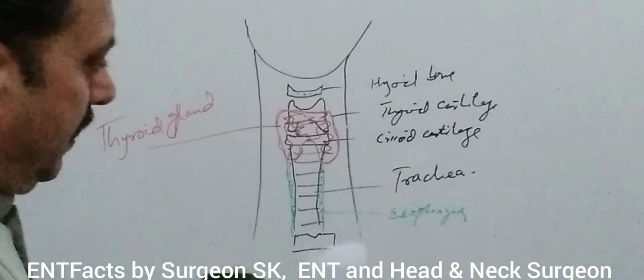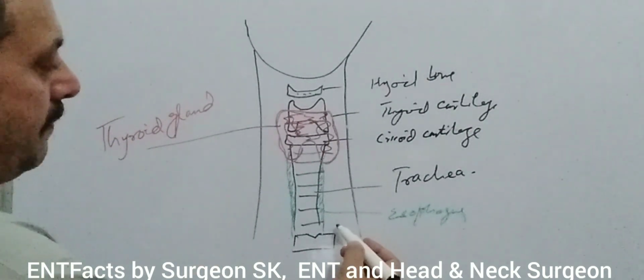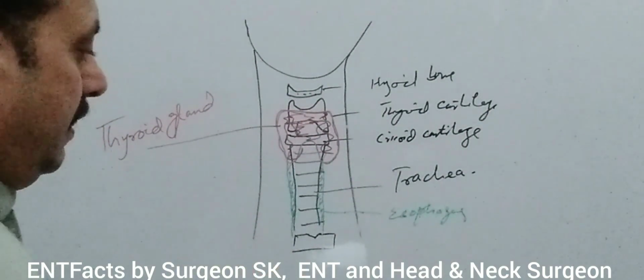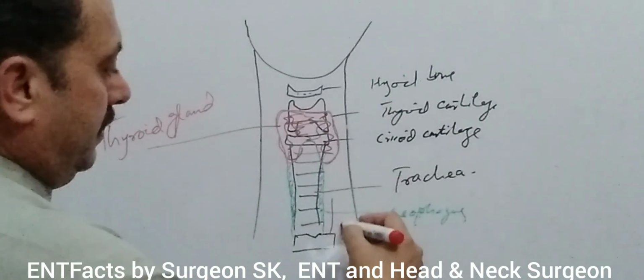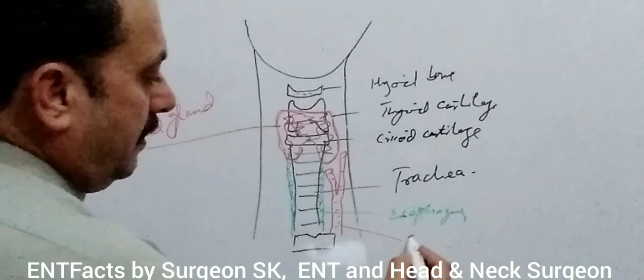Other important structures are the arteries of the neck. There are arteries, carotid arteries. This is a common carotid artery. It divides into internal and external carotid arteries.